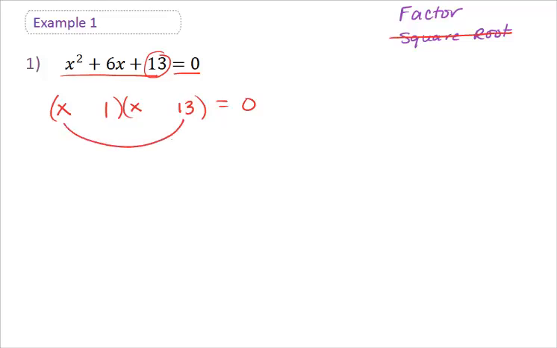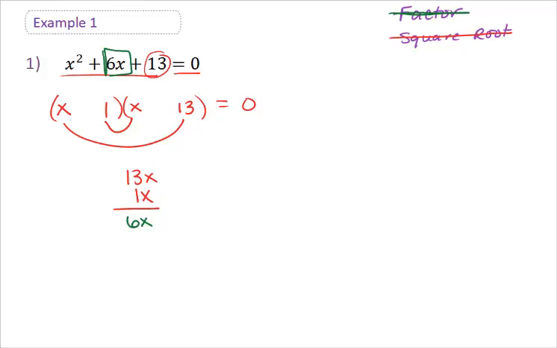Now my outside gives me a 13x, and my inside gives me a 1x. There is no possible way that I can add or subtract those to give me my 6x as my middle term. So since this one does not factor, that also eliminates my factoring method.